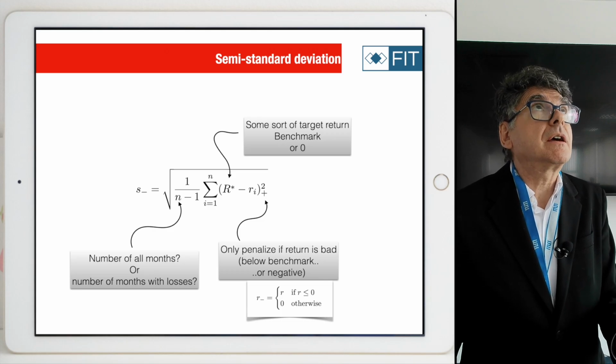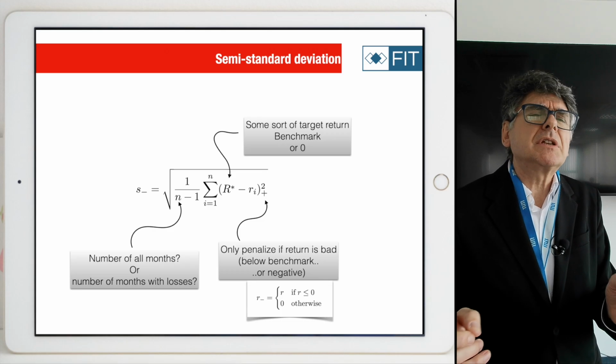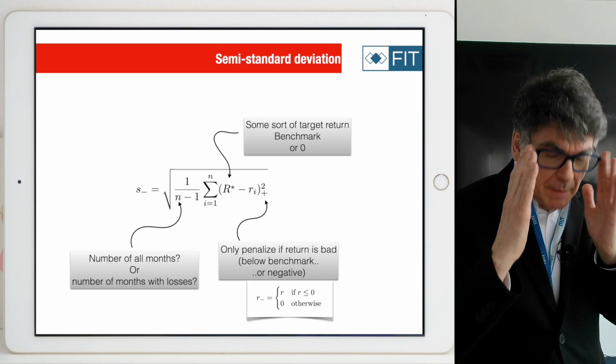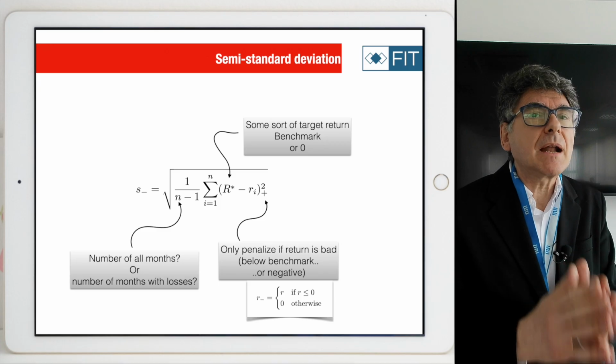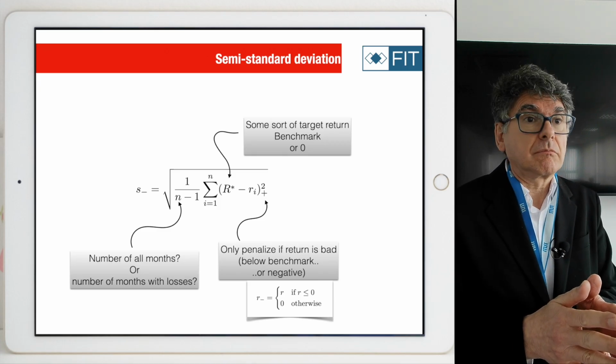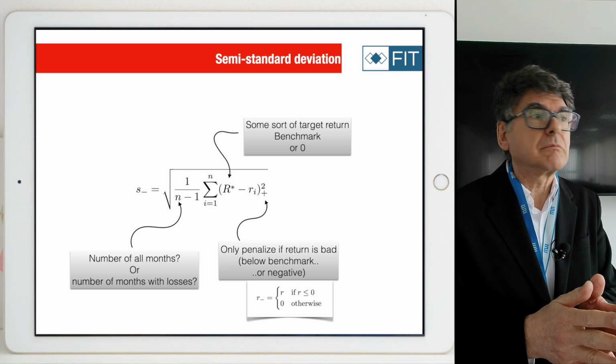So I think if you're doing the CFA, I said, review this and give the right answer, whatever it is that they ask you. But I think in the CFA, the n is the number of months which are negative. I think so, yes.